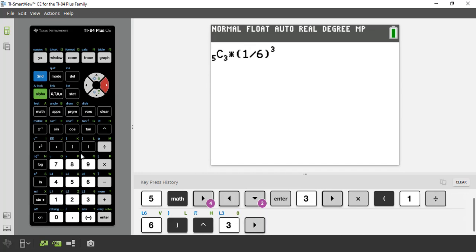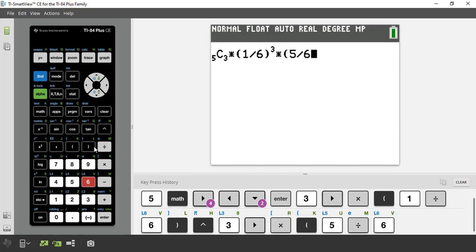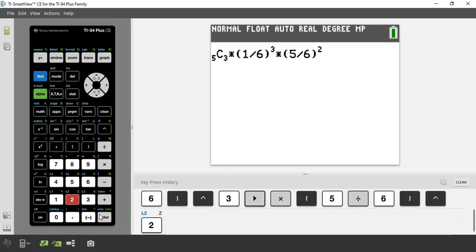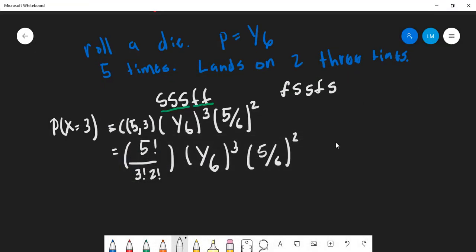And we're going to multiply this by 5 out of 6. And then we're just going to raise that to the second power. Now let's hit enter. And accordingly, that's going to be 0.0322. So that's going to give me 0.0322. And that's the solution.